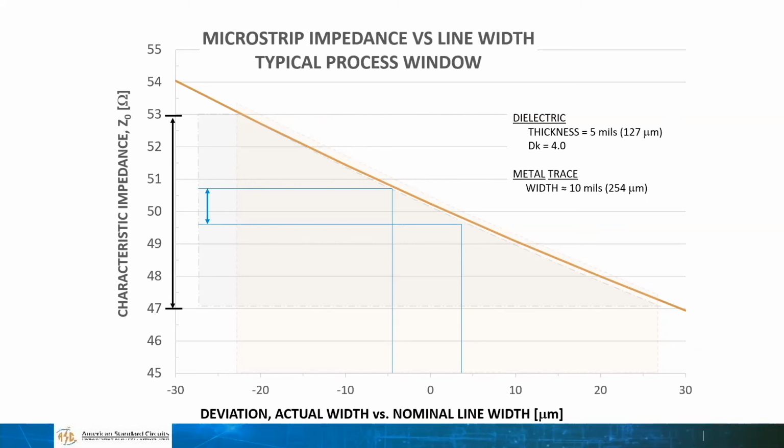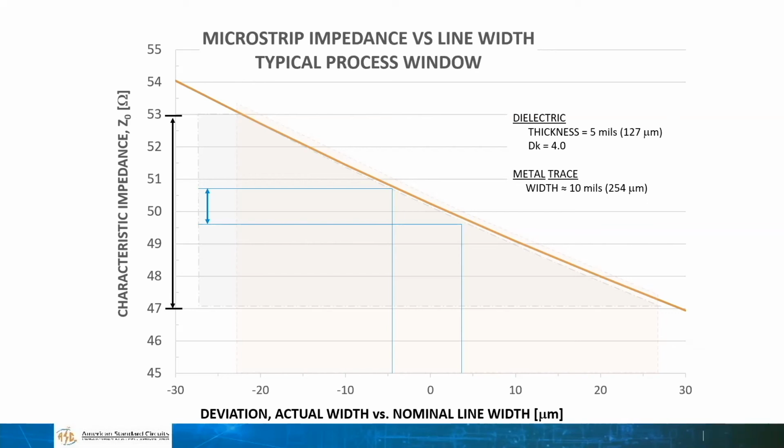But you're trying to target 254 microns wide or 10 mils, but you're not going to get that always. And this slope tells you how much impact you'll have on your impedance based on a change in your width. And you can see there that if the width changes, and unfortunately we're changing units here, by plus or minus 5 microns, then you get almost half an ohm change in the impedance.